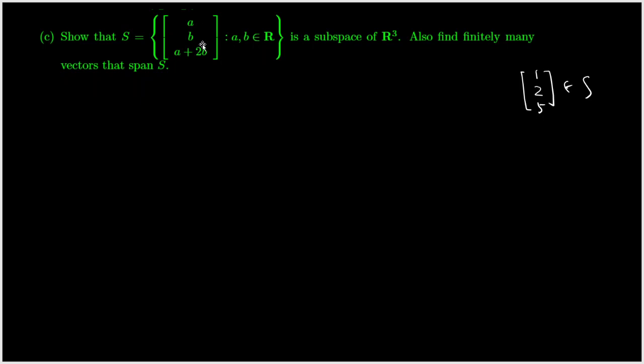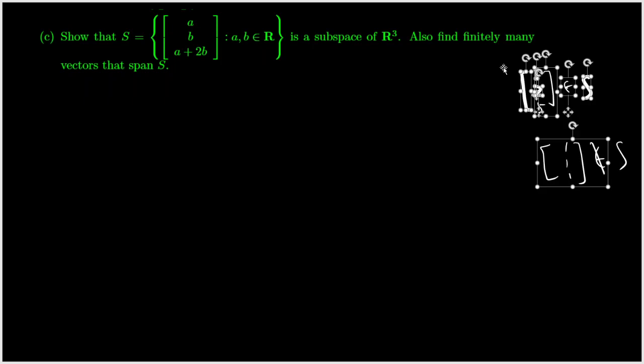Again, not all vectors are in S. So now let's say 1, 1, 1 is not a vector in S, because the third component is not the first component plus 2 times the second component. Yeah, that's why I said it's a non-trivial subspace actually.